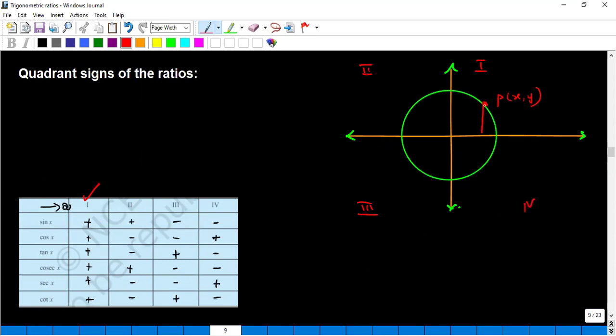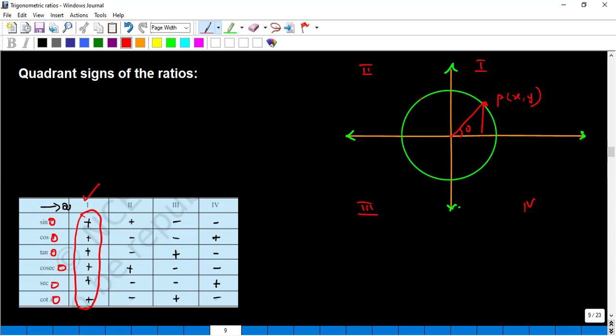Here, when you drop a perpendicular and find the ratios, take theta. Sin theta is opposite by hypotenuse, which is y by radius. Positive. So all trigonometric ratios are positive in the first quadrant.